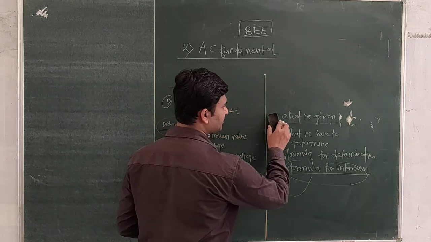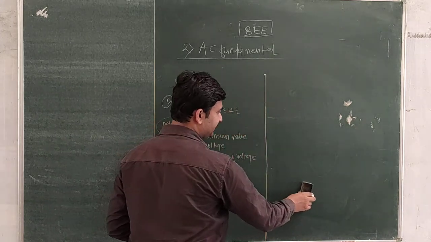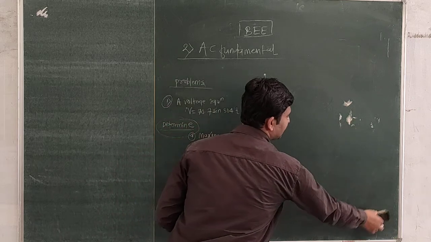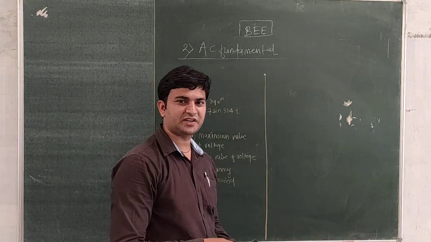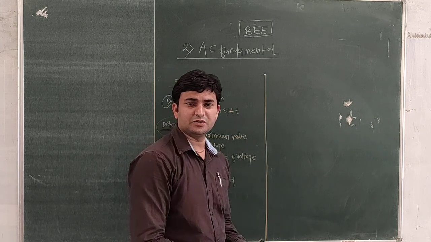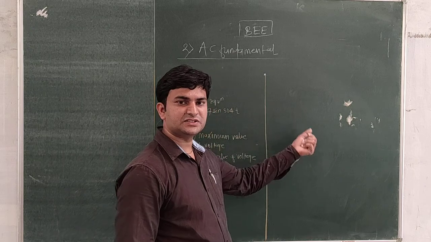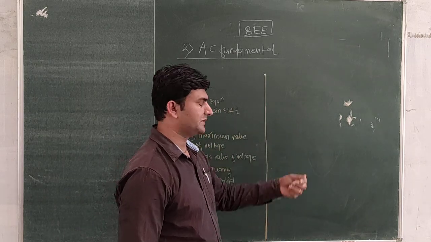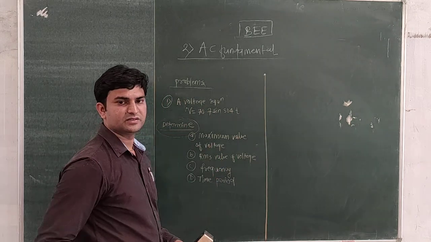So first, what is given, what we have to determine, the formulas for the determination, then the formulas for the unknown quantities. Find the unknown quantity, substitute it into the main formula and determine the required quantity.